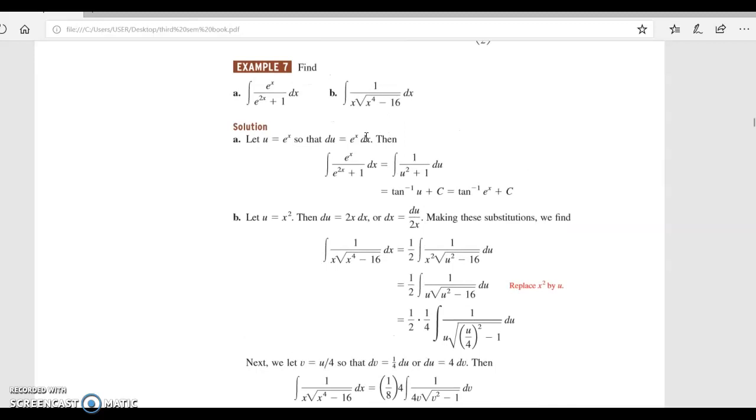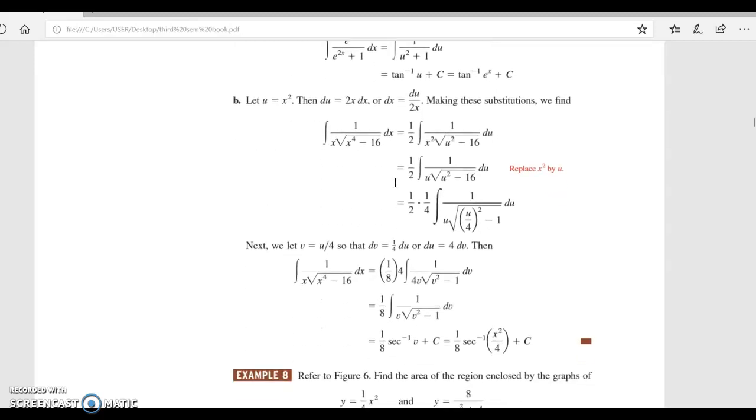Next one is the integral of 1 by x into root of x square minus 16. Substitute x square equal to u.